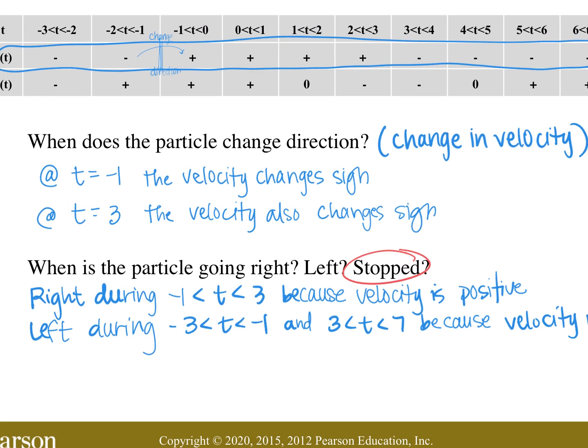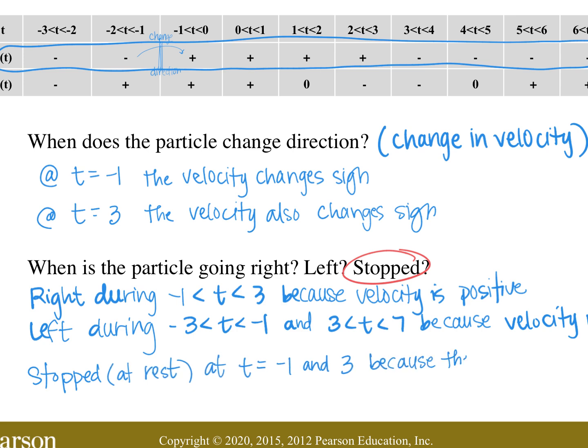And so the moments where it stopped, which is another word for at rest, are at t equals -1 and 3, because the IVT guarantees it.